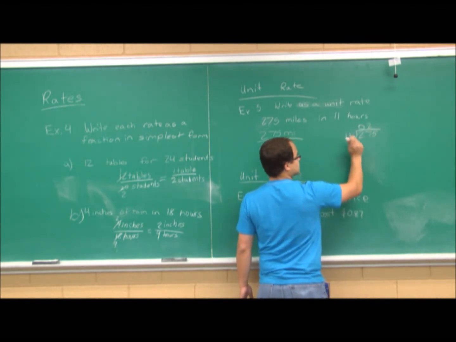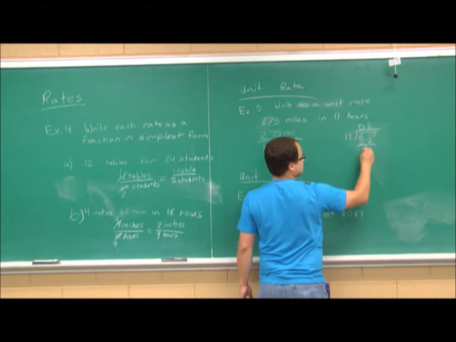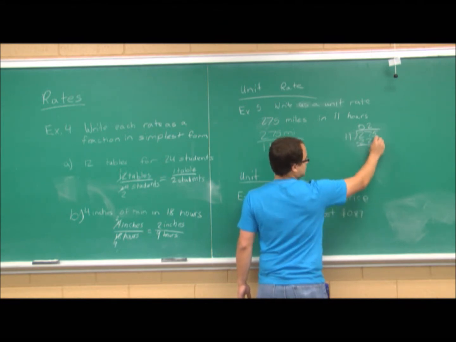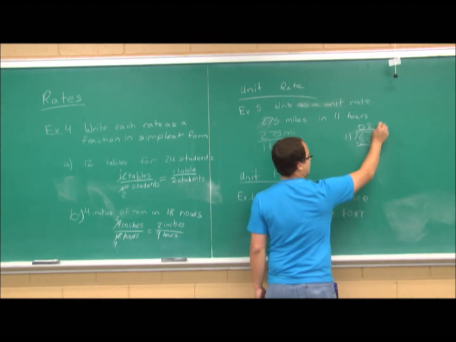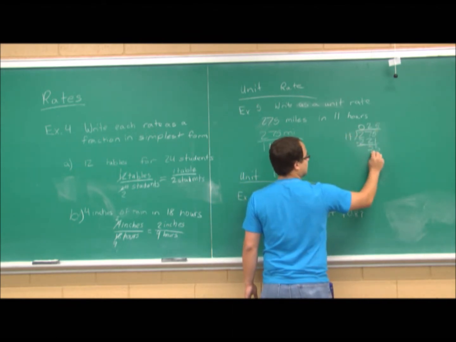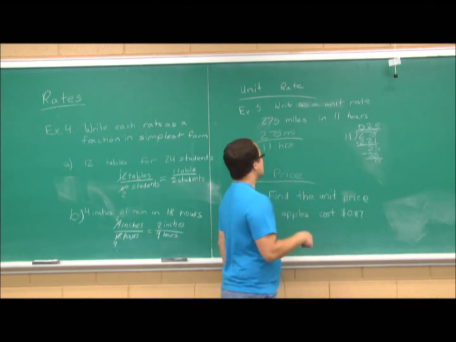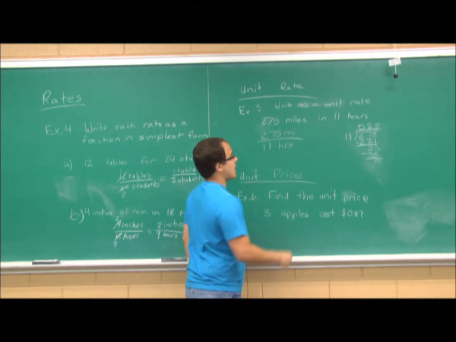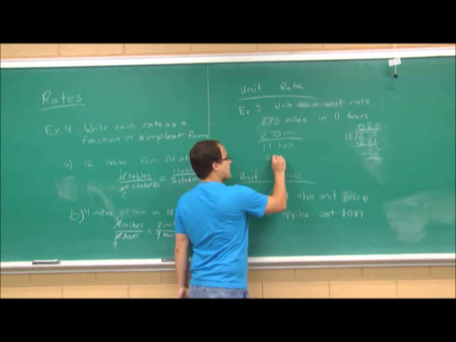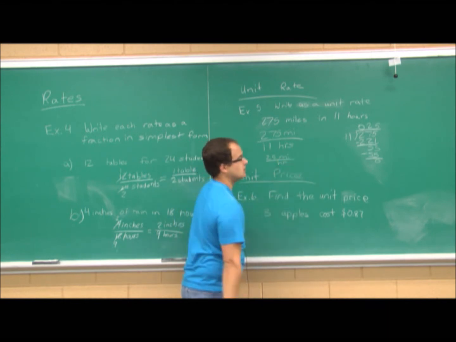Twice. 2 times 11 is 22. 27 minus 22 is 5. Drop down the 5. Does 11 go into 55? Yes. 5 times. 5 times 11 is 55. Subtract them, 0. So our unit rate for 275 miles in 11 hours is 25 miles per hour.